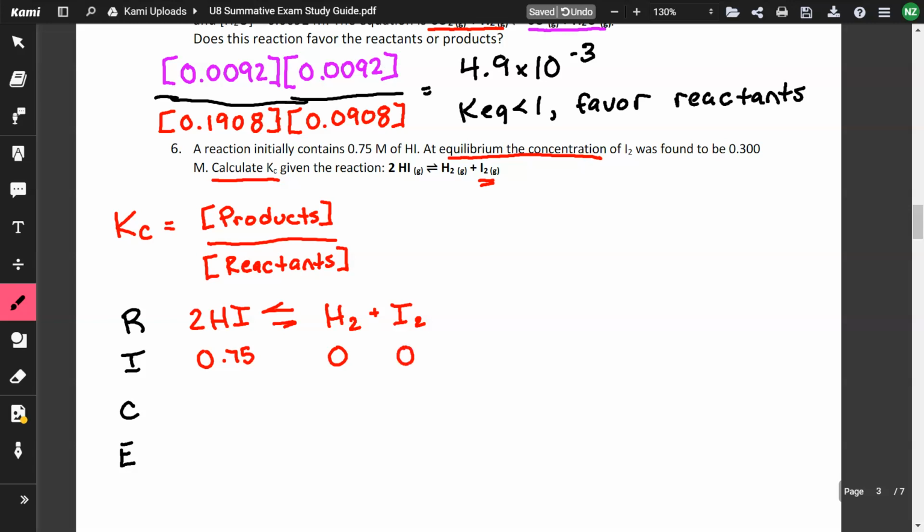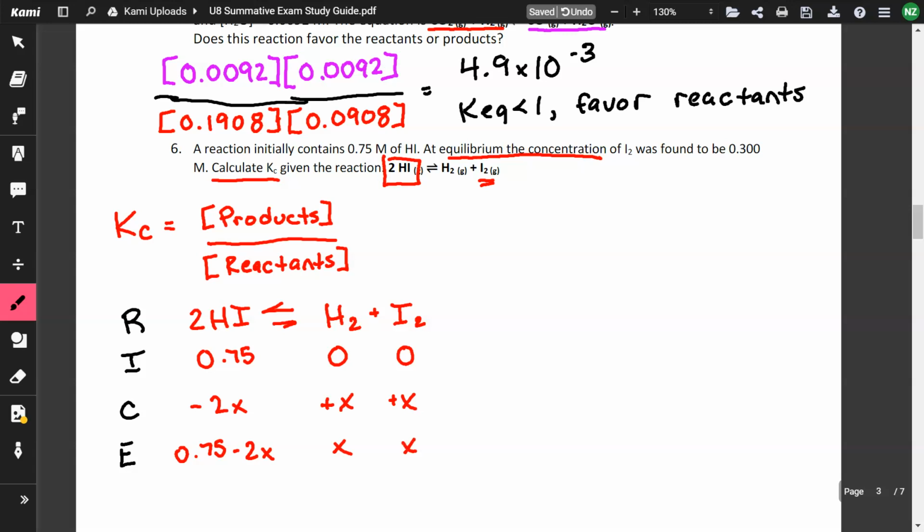Reactants go down, products go up. We have a 2 in front of our HI, so this will be going down by a factor of 2x. These two will be going up by a factor of x, no coefficient. E we combine. So it's going to be 0.75 minus 2x. This will be x. This will be x.